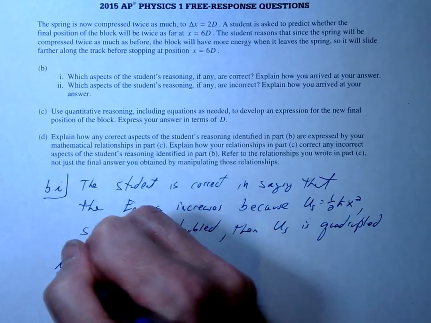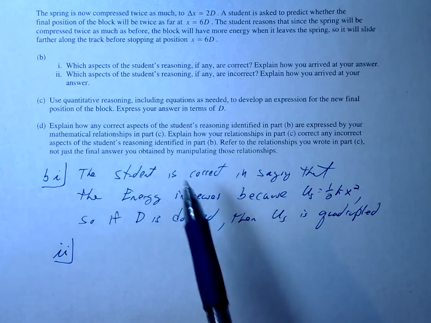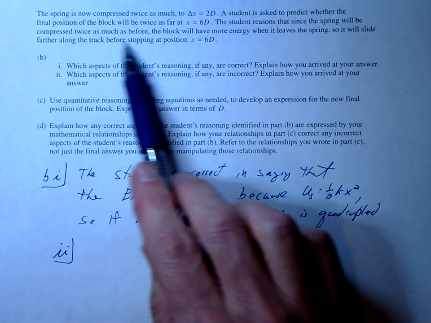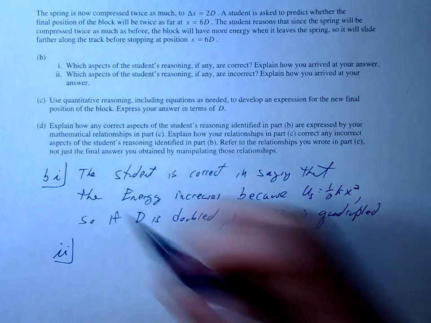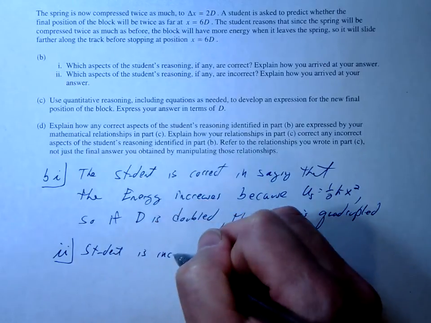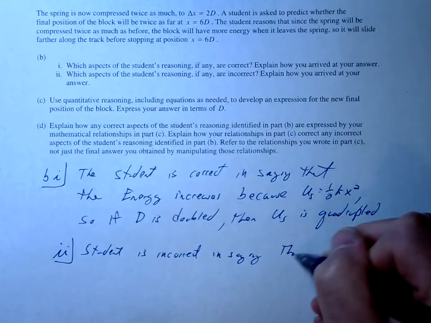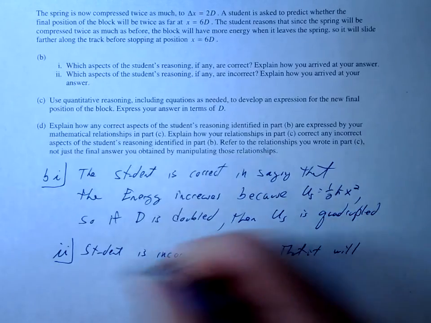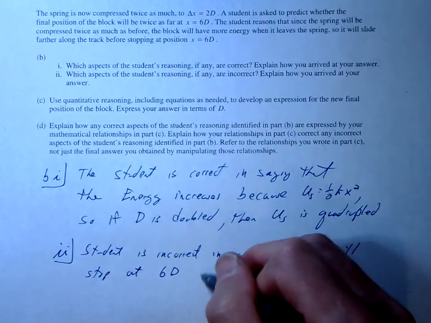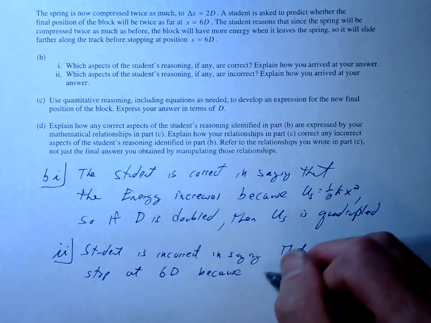Which aspect is incorrect? The aspect that's incorrect is the fact that it's going to go to 6D. Okay, it will go farther, but it will not stop at 6D. So the student is incorrect in saying that it will stop at 6D. Because, well, as we saw before, energy was quadrupled.